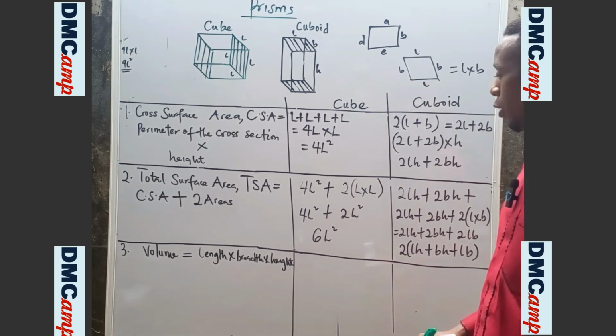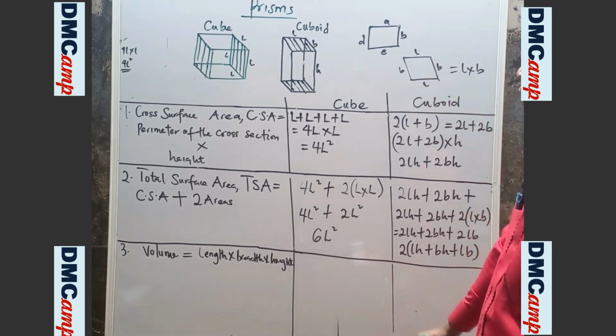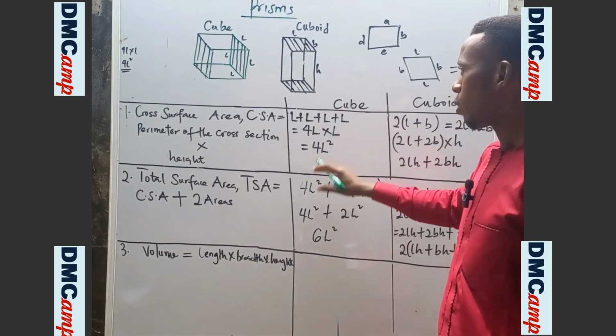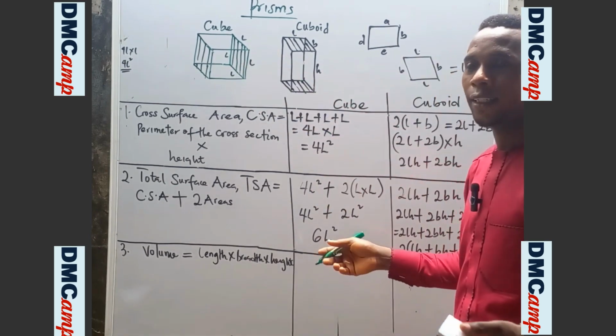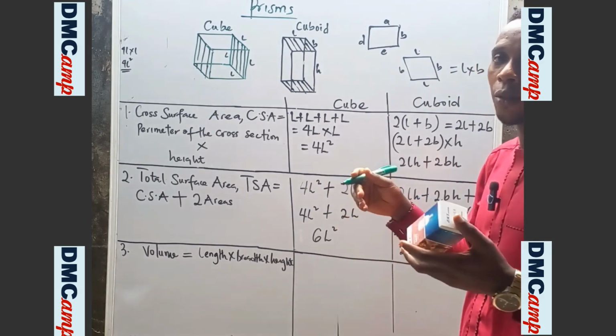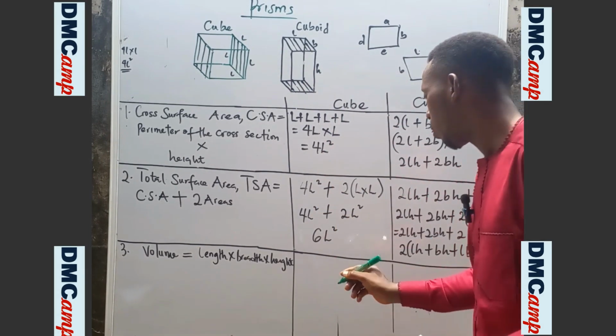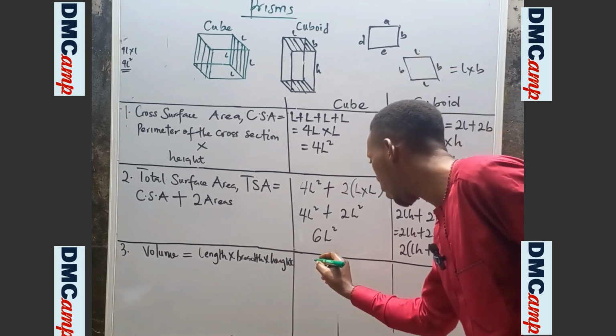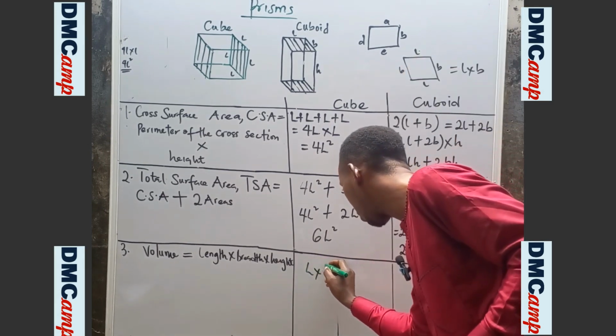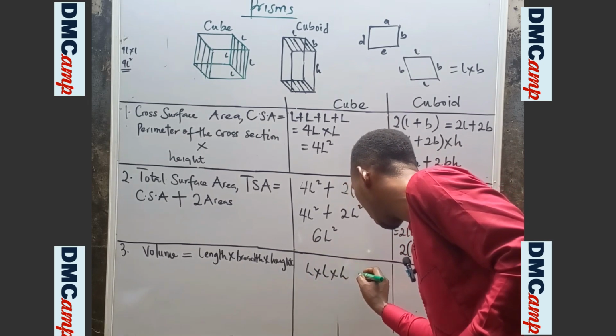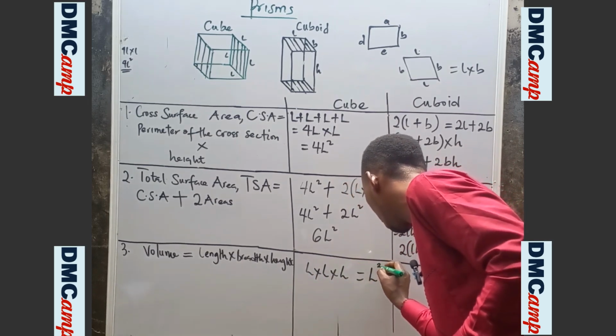Now, finally, let's go to the volume. The volume of a cube is simply L times L times another L, since the lengths are the same. So here, we don't need to waste our time. One length times another length times another length will give us L cubed.